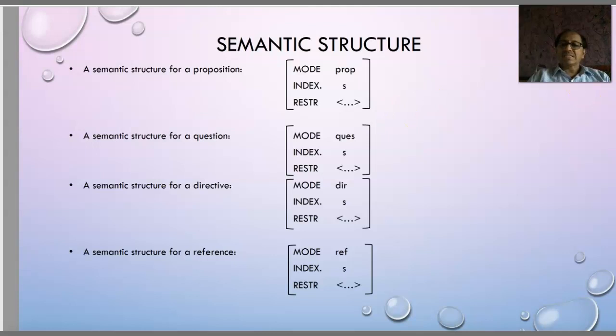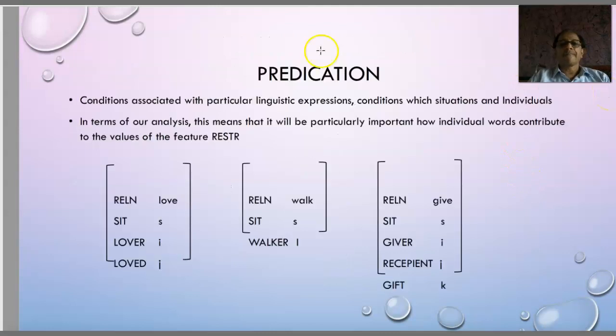Now let's see what restriction is. Restriction is specified under predication. So conditions associated with a particular linguistic expression are the conditions which the situations or the individual have to satisfy.